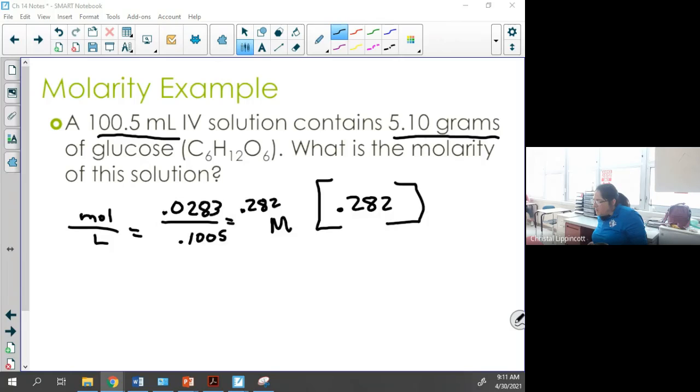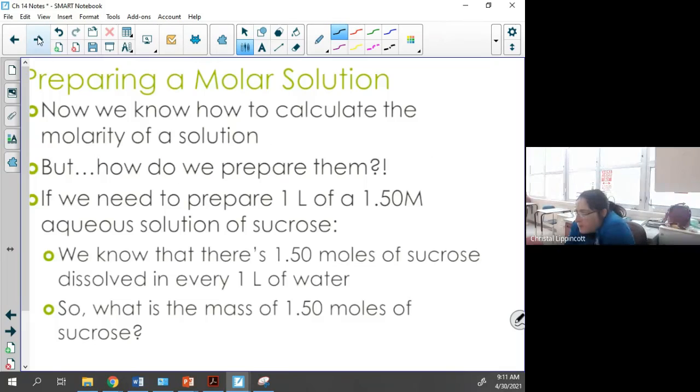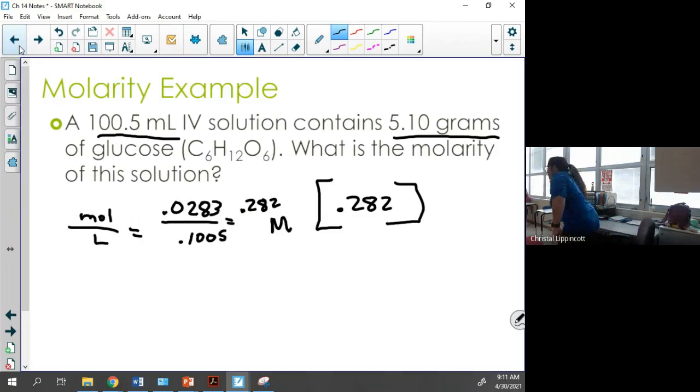No, it's not 0.11. It's 0.1005. And now I got 2.81. Okay, that is right, because you rounded it.